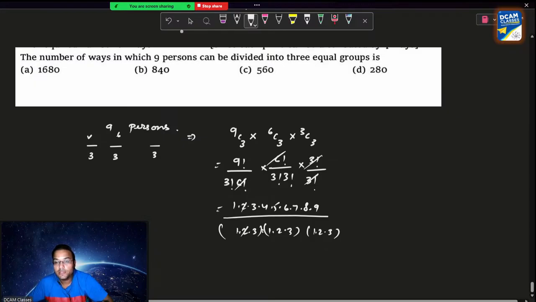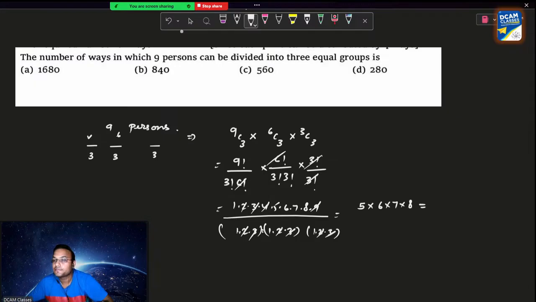This will be cancelled with this. 2 2s are 4, cancelled. 3 is cancelled with this. 3 3s are 9, cancelled. 5 into 6 into 7 into 8. 30, 56. I'm getting 280 only. Where have you made a mistake?